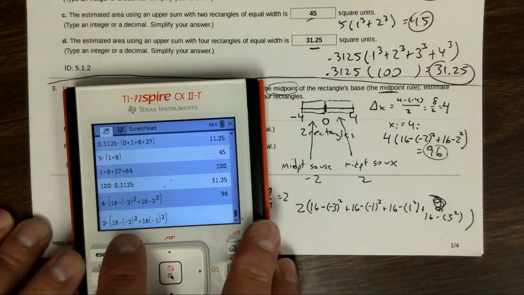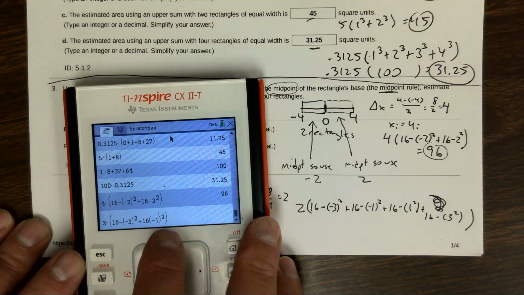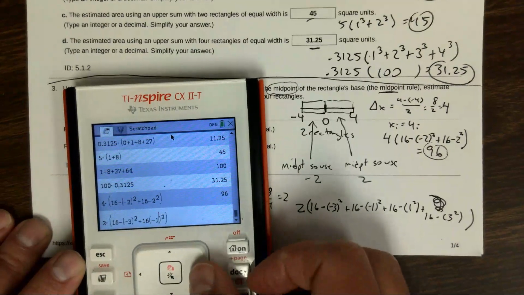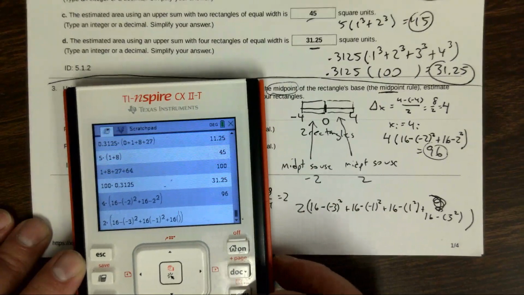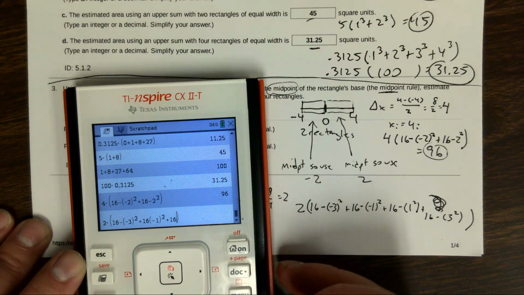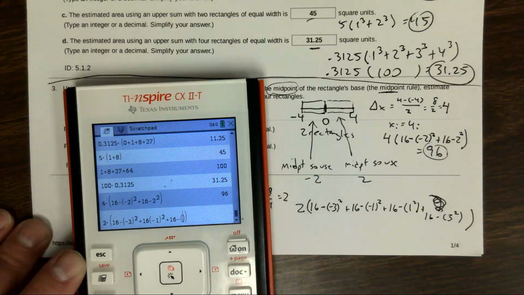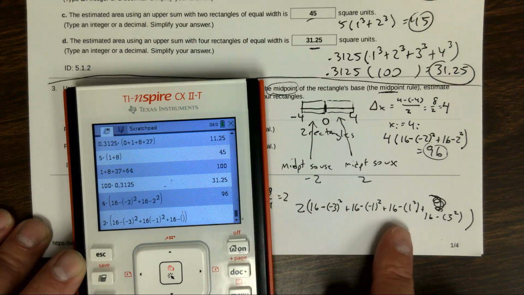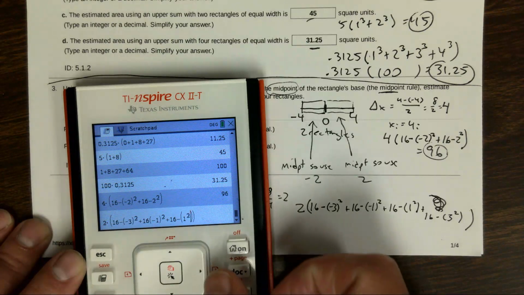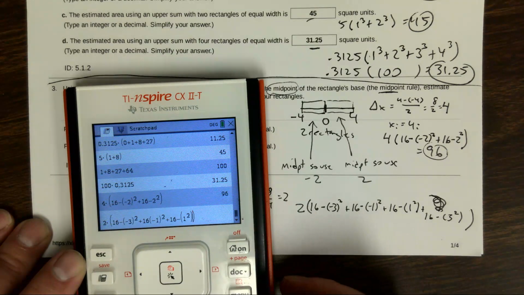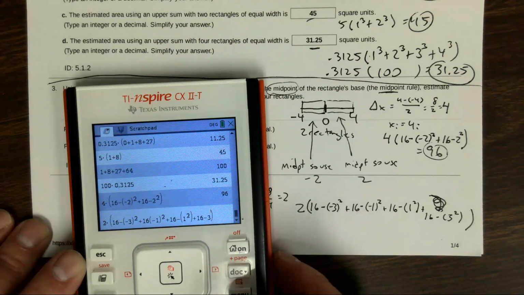So I have -3, -1. Now I need to keep going. Plus 16 minus parentheses 1 squared, which is just 1, plus 16 minus 3 squared.